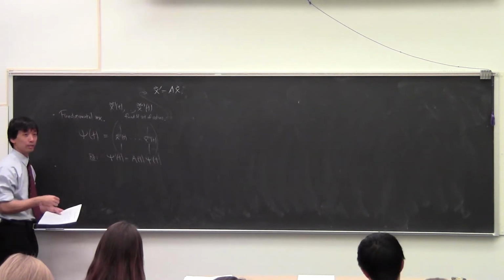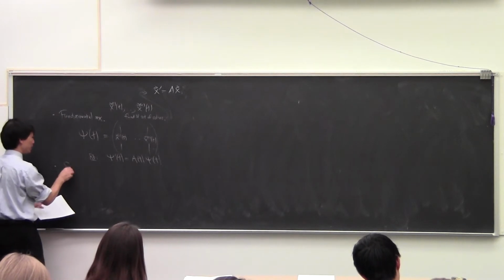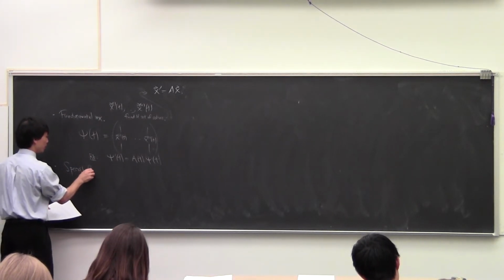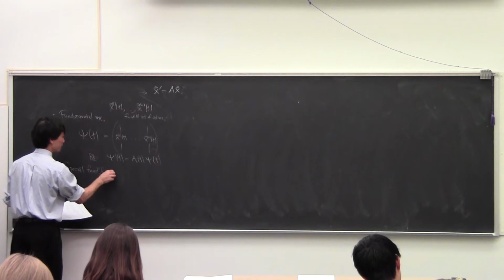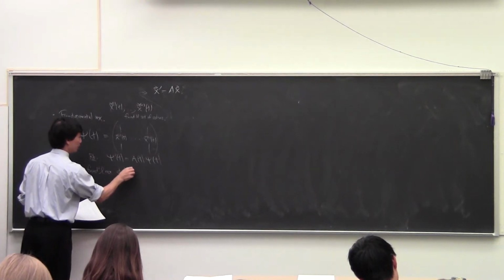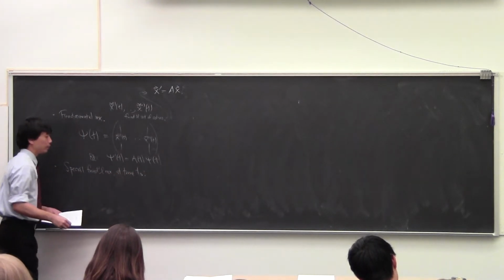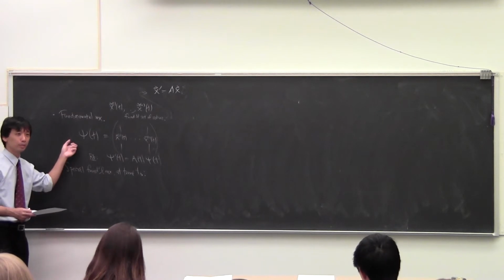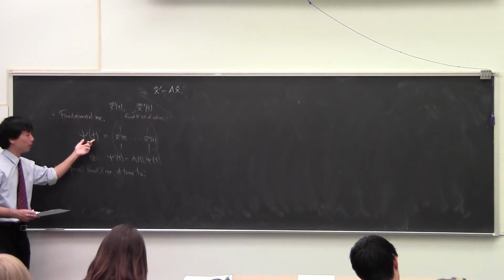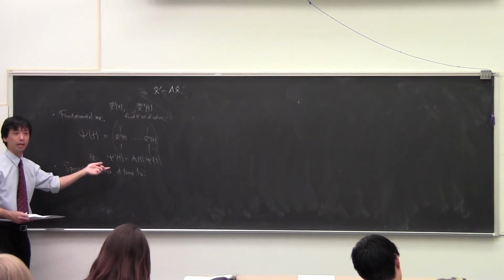And then we have this thing called the special fundamental matrix at time t0. That was just a fundamental matrix that equaled the identity at that time.